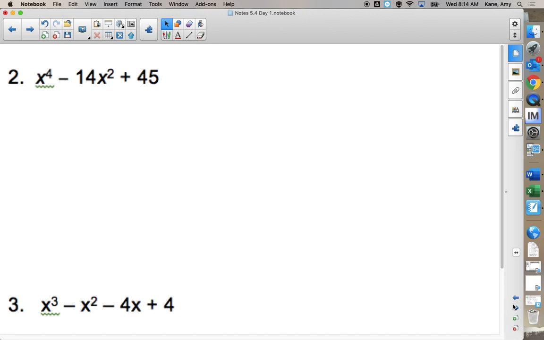Let's do number 2, and then if we have a chance, we'll go back to 1 and 3. We can skip around here. So number 2 says x to the 4th minus 14x squared plus 45. Chris, you have an idea? What do you think? You could multiply 9 times 5.